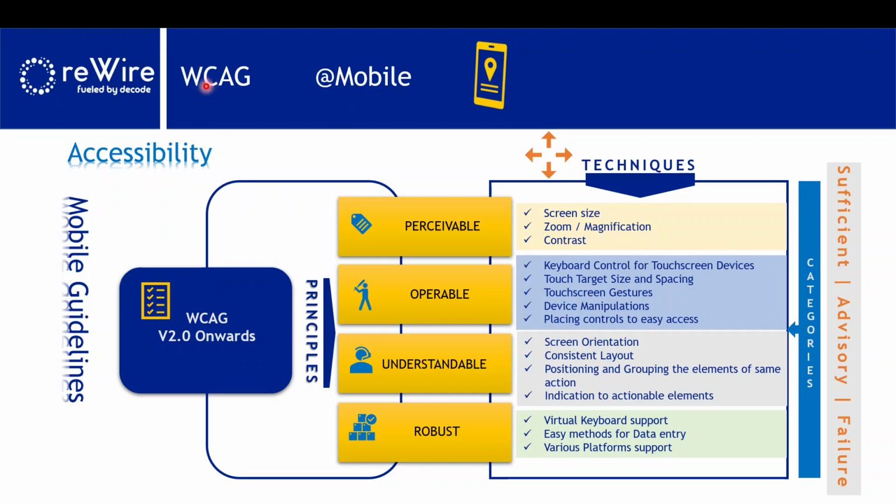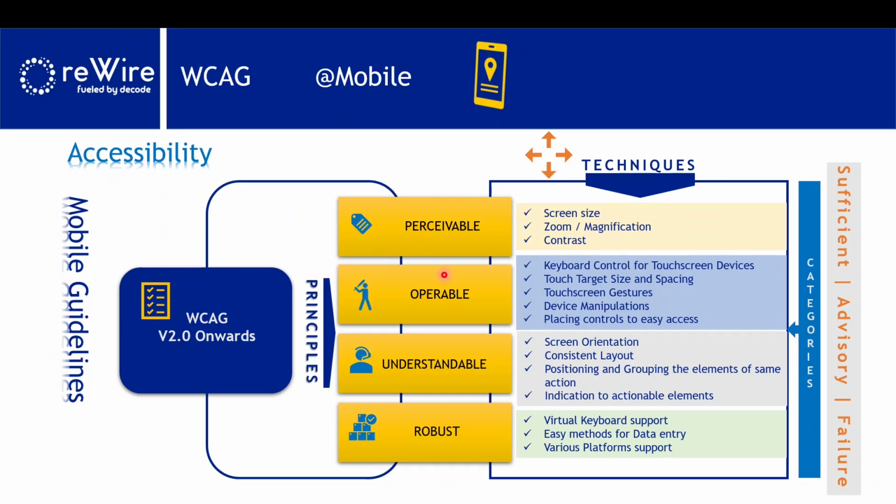So these are the WCAG guidelines. We should have an idea while we are working on mobile apps or mobile web applications: how you are going to operate it, how easily it is accessible, whether the content you are giving is clear or not, and whether the navigation is clear or not. These are the common things we need to take care of while working on mobile apps.